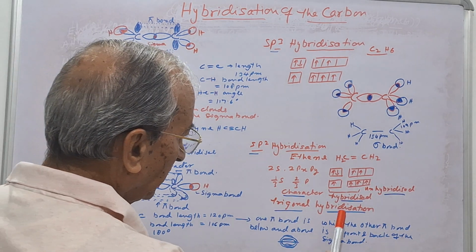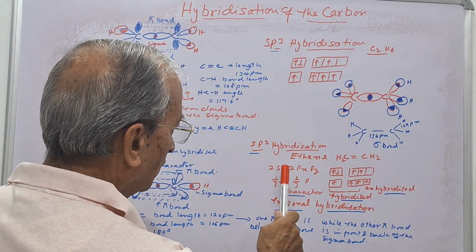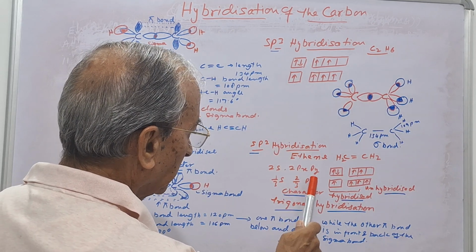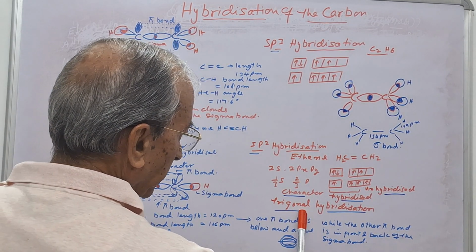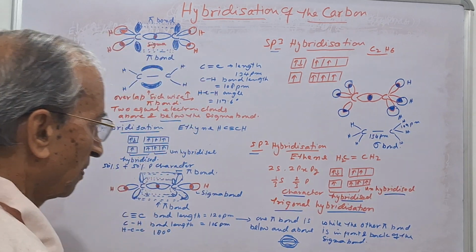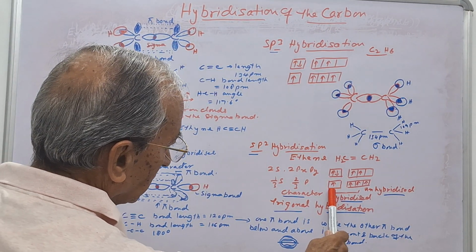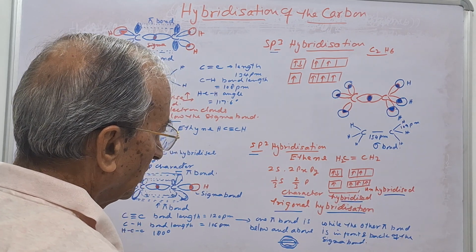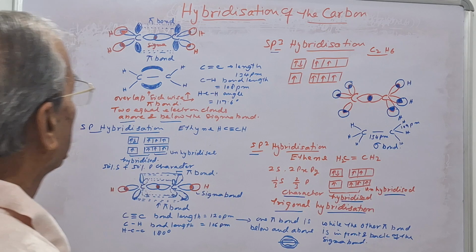Here the character of the hybridized orbital is 1/3 s and 2/3 p, and it forms a trigonal hybridization. Now here 3 orbitals are hybridized and 1 is unhybridized.